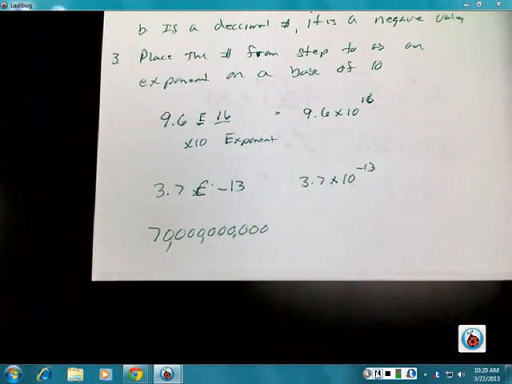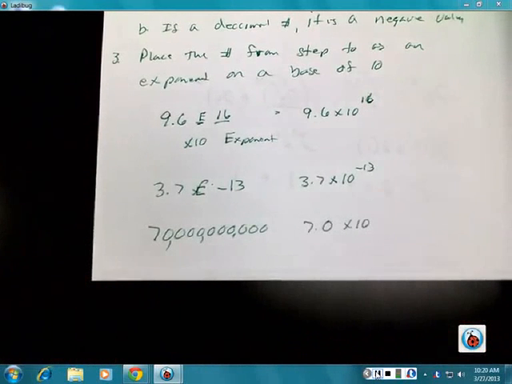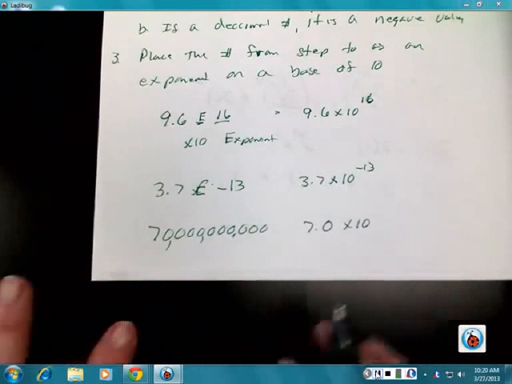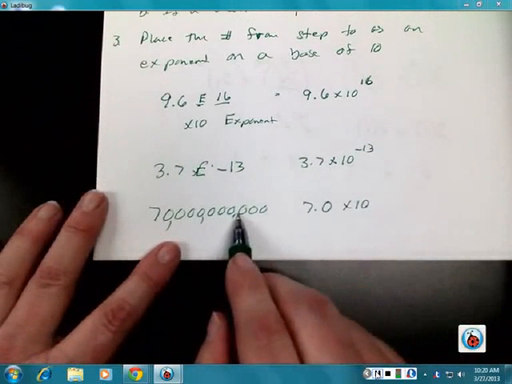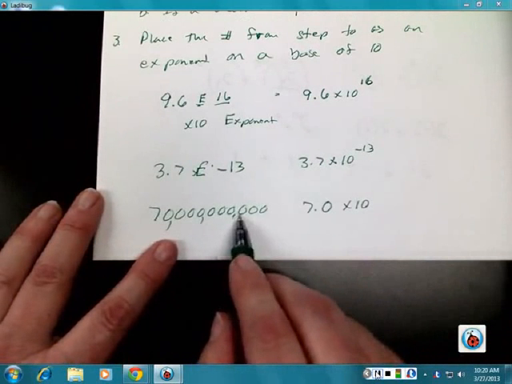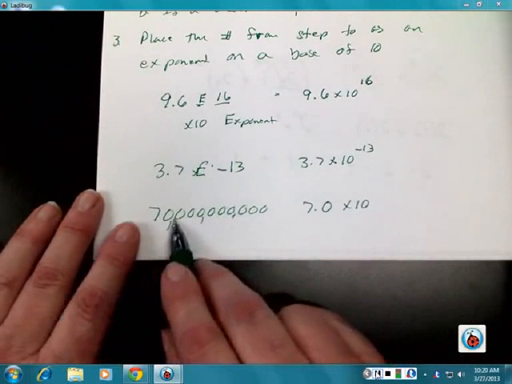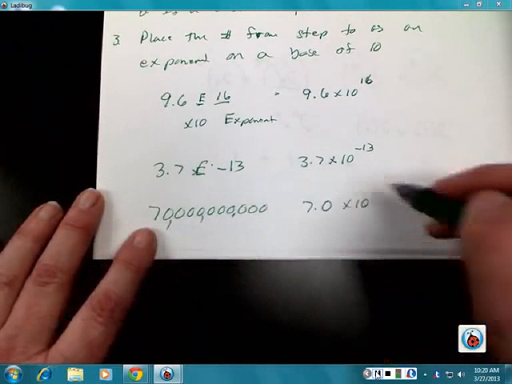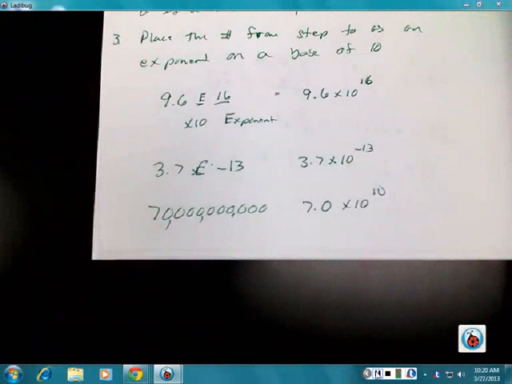What would I write? 7.0 times 10 to the... I know it's hard when it's not in front of you. So 1, 2, 3, 4, 5, 6, 7, 8, 9, 10. And because it's a whole number, it is a positive 10. Make sense?